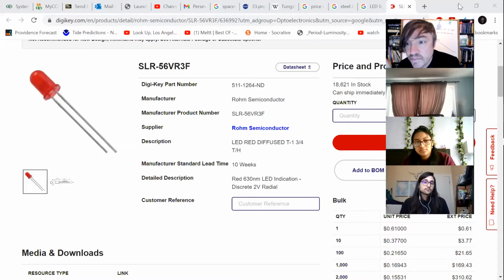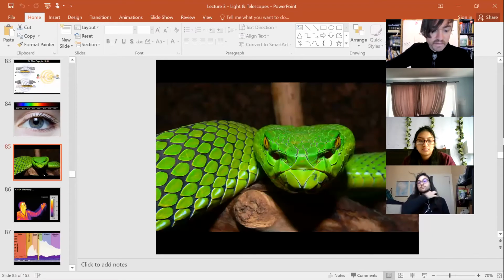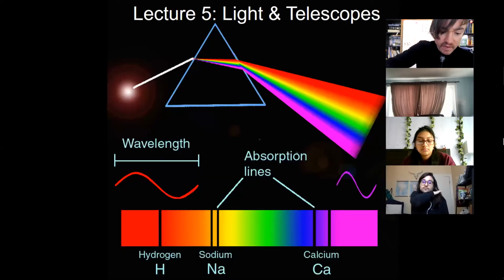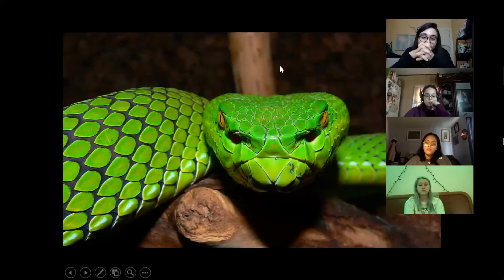For instance, let's consider the pit viper. Pit vipers are a type of snake that have developed not only these eyeballs, which are visible light eyeballs. They see at the same 400 to 700 nanometers that we do.